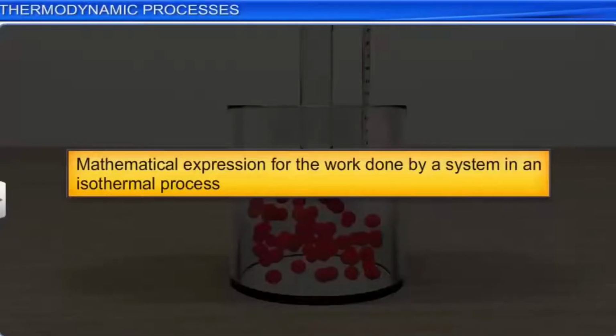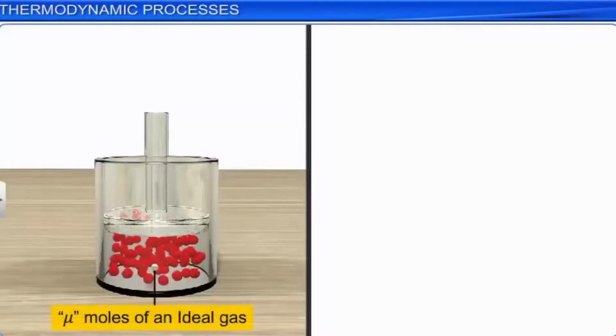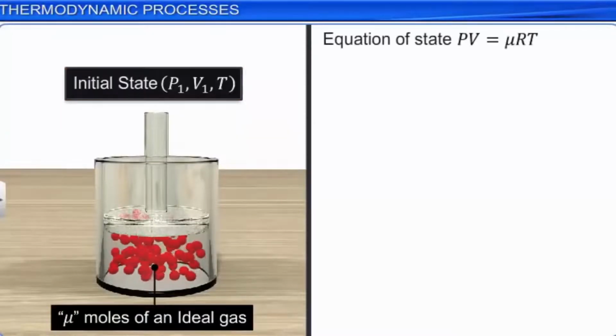Now, let us find a mathematical expression for the work done by a system in an isothermal process. Consider mu moles of an ideal gas in a container that is at an initial state of P1, V1, T. The equation of state is denoted by the equation PV is equal to mu RT.